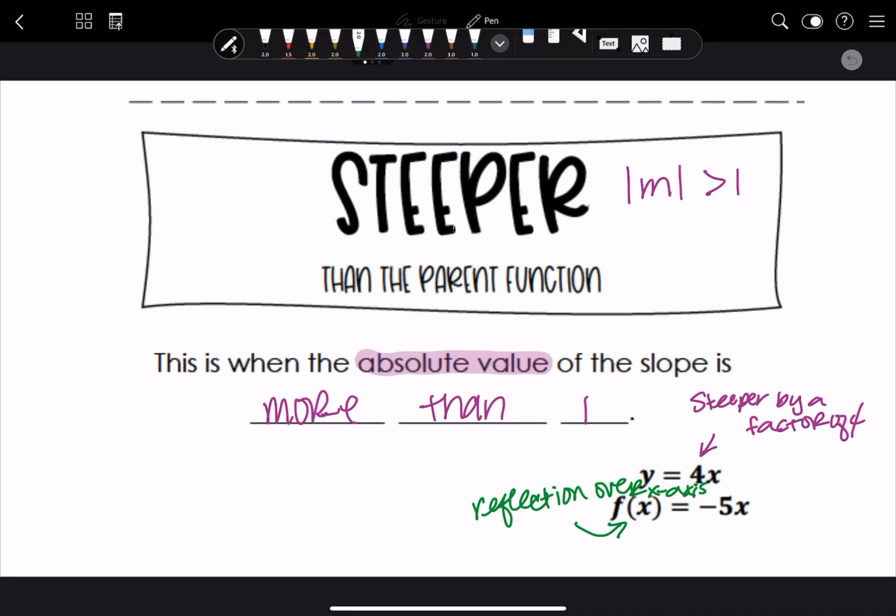And then you can also say that it's steeper by a factor of 5.